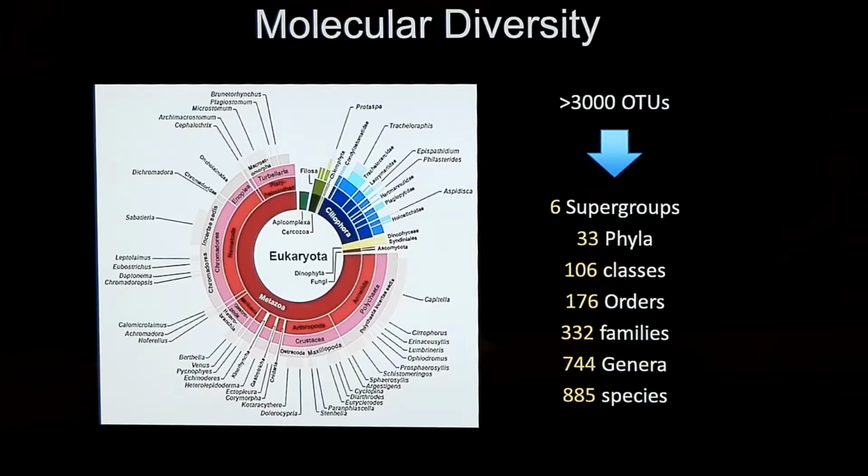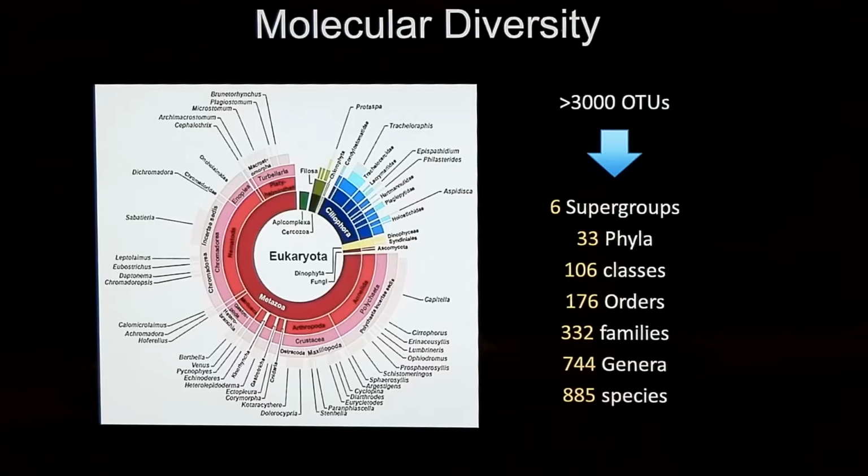When you compare that to a fully annotated reference database, you can obtain the diversity at different taxonomic levels, from 6 supergroups all the way down to 885 identified species. And this is represented here. This would have taken years using a microscope to obtain, and that was done automatically and very rapidly.